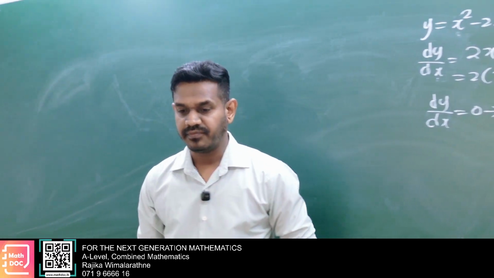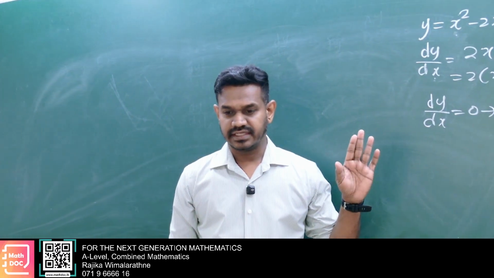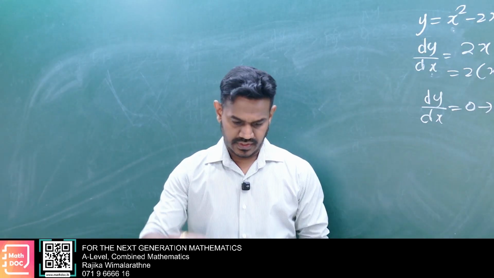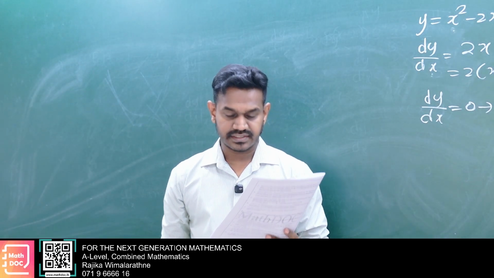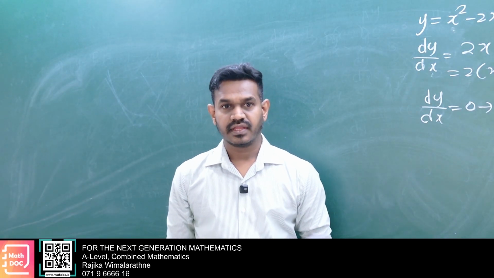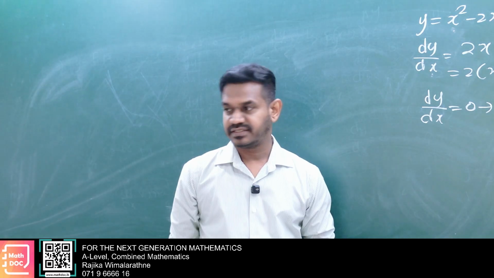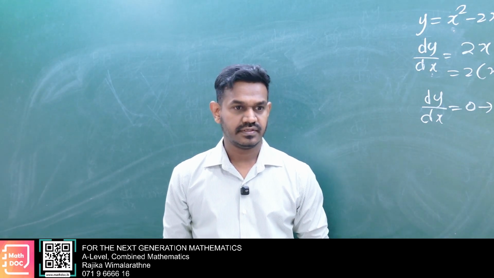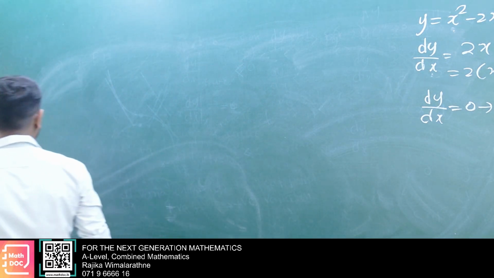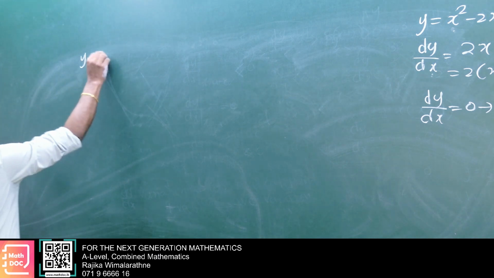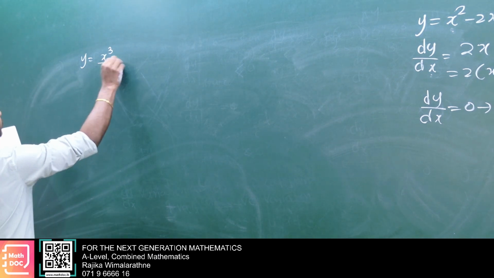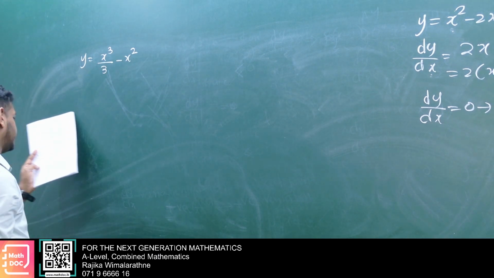Now take another example. Second one, y equals x cube over 3 minus x squared.